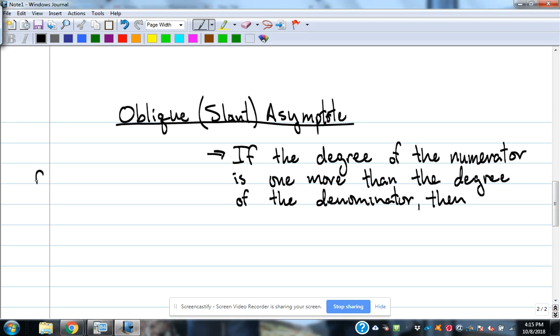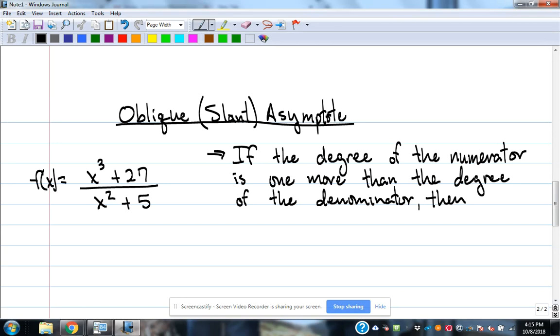An example of that would be something like f of x is equal to x cubed plus 27 over x squared plus 5. Here the degree of the numerator is 3. The degree of the denominator is 2. There is a situation in which we're going to have an oblique asymptote.